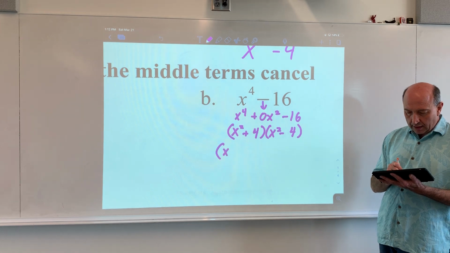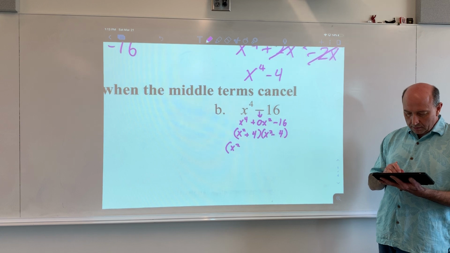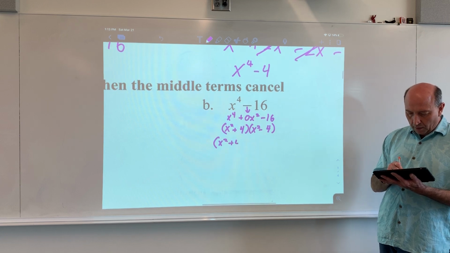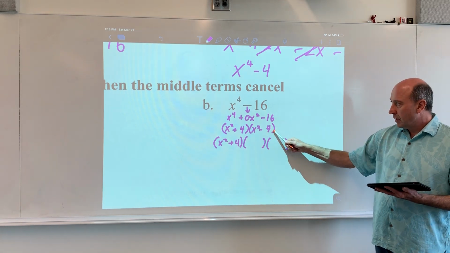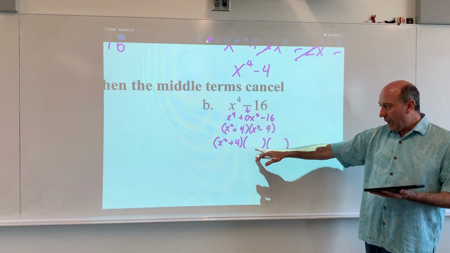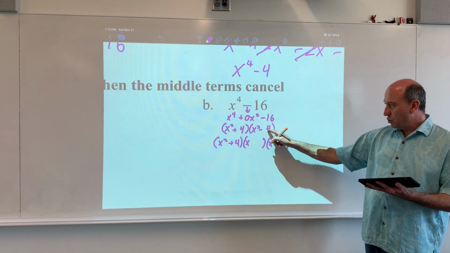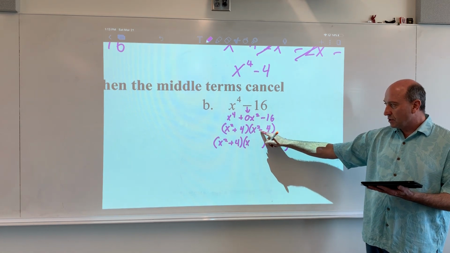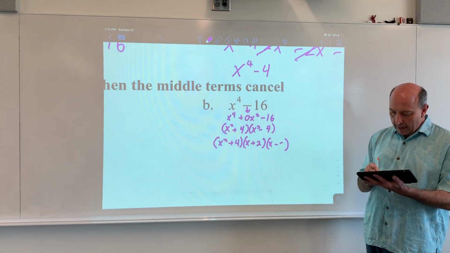Now, interestingly enough, this factors even more. X squared minus 4 factors even further because it falls into the pattern. X times x is x squared. 2 times 2 is 4, which I can get to cancel. If there's a negative there, I can get a positive 2 and a negative 2.